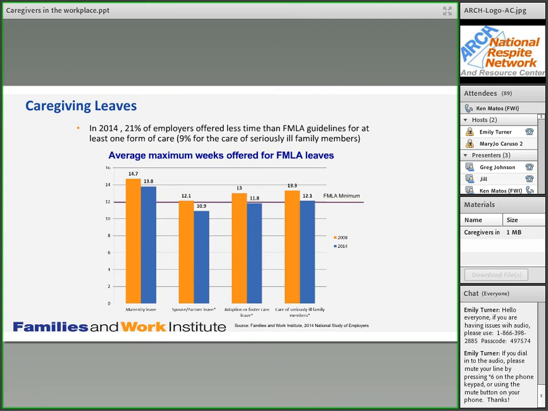That was primarily around issues of spouse-partner leave, but we do see that the amount of time offered to people engaging in care of seriously ill family members has also declined. It had been a little over 13 weeks in 2008, and now the maximum average is down to 12 weeks. So there does seem to be a little less generosity and more anchoring around that bare minimum that's required by FMLA.